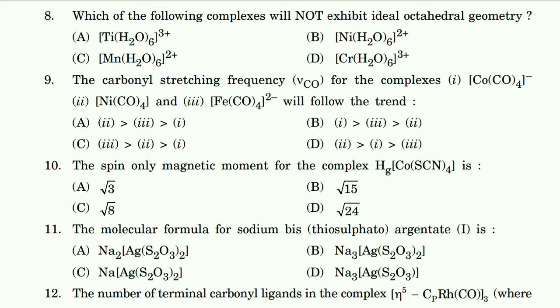Then [Co(CO)4]-, and then the second, nickel tetracarbonyl, having the highest carbonyl stretching frequency, then cobalt carbonyl [Co(CO)4]-, then [Fe(CO)4]2-. That is option number D. Option D is the correct option.